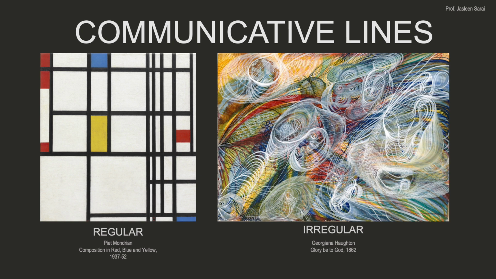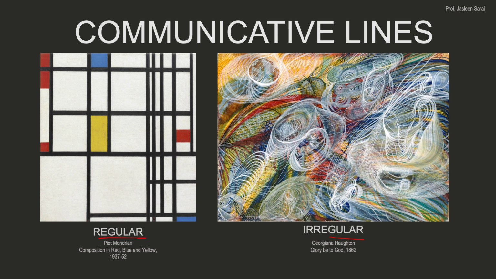And then we also have regular lines versus irregular lines. There are of course varying degrees between these, and it can get more and more irregular. Usually regular lines mean stability, it's soothing.